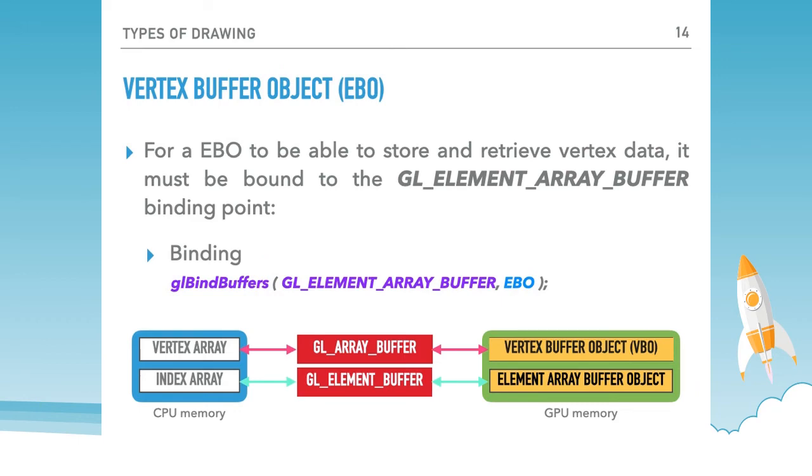Then you have to bind that buffer object by calling glBindBuffer, and the target now is GL_ELEMENT_ARRAY_BUFFER. Now this buffer object will become an element array buffer object, or in short, an EBO. So this EBO will be able to store and retrieve the index data.